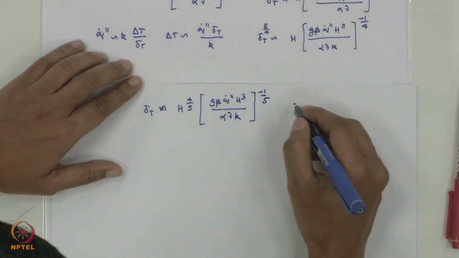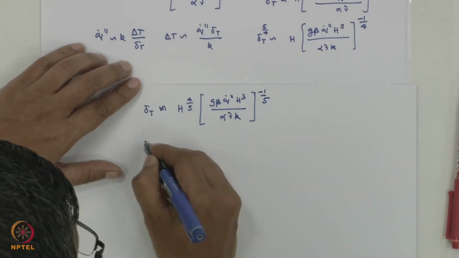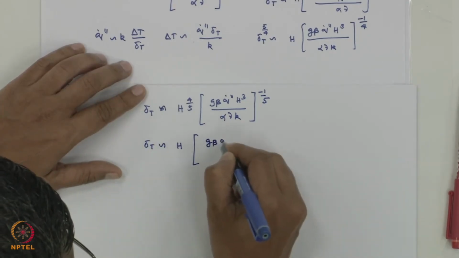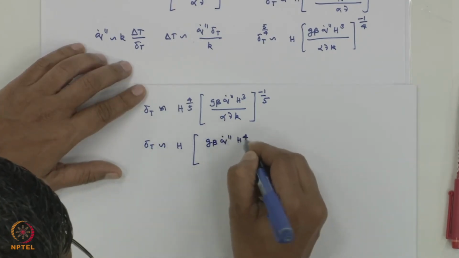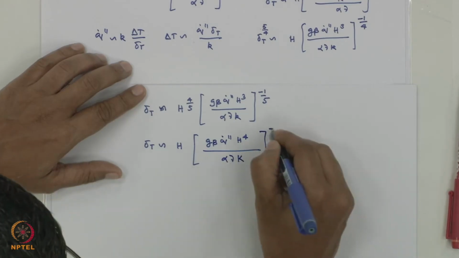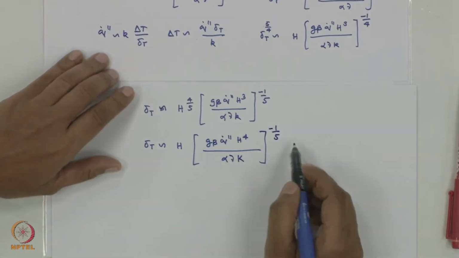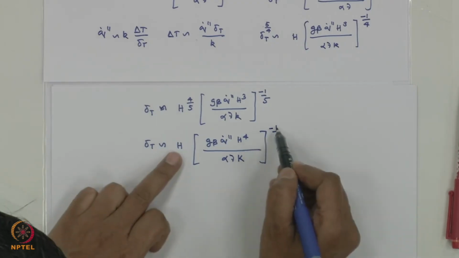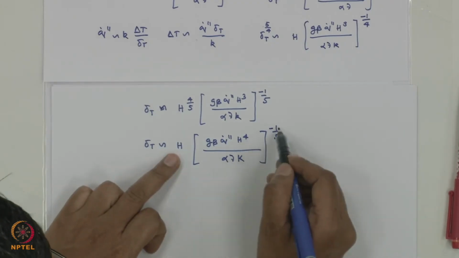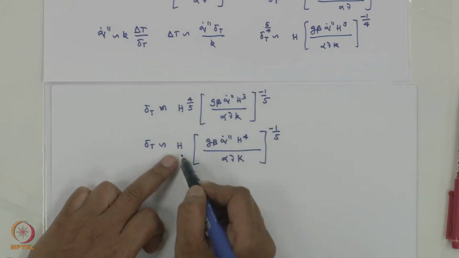So I would define delta T into H into G beta Q double dash H to the power of 4 upon alpha nu K to the power of minus 1 by 5. I hope you got what I am doing. This is minus 4 by 5. Sorry, H to the power of minus 1 by 5 plus 4 by 5, I am going to get H.